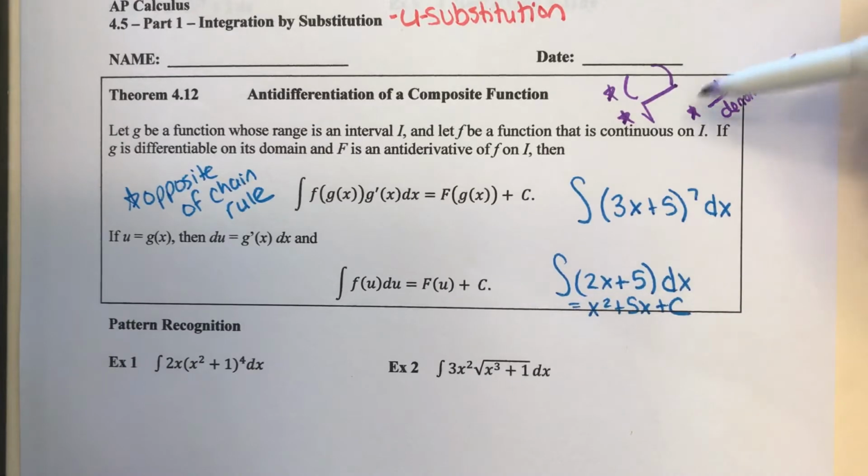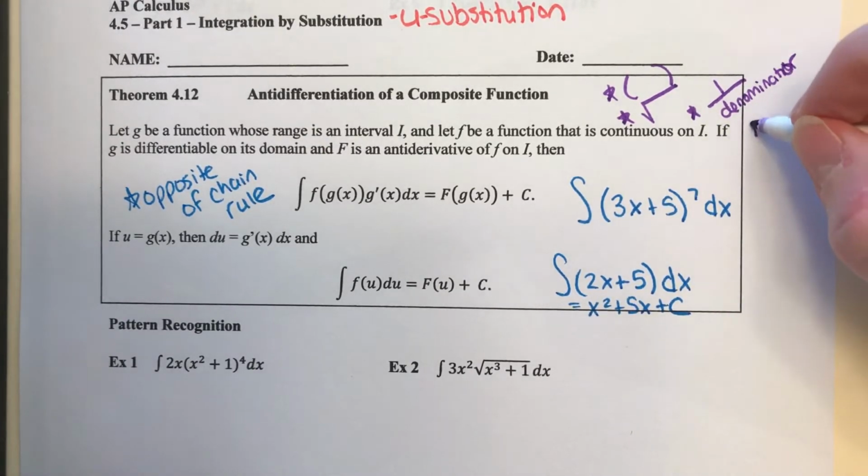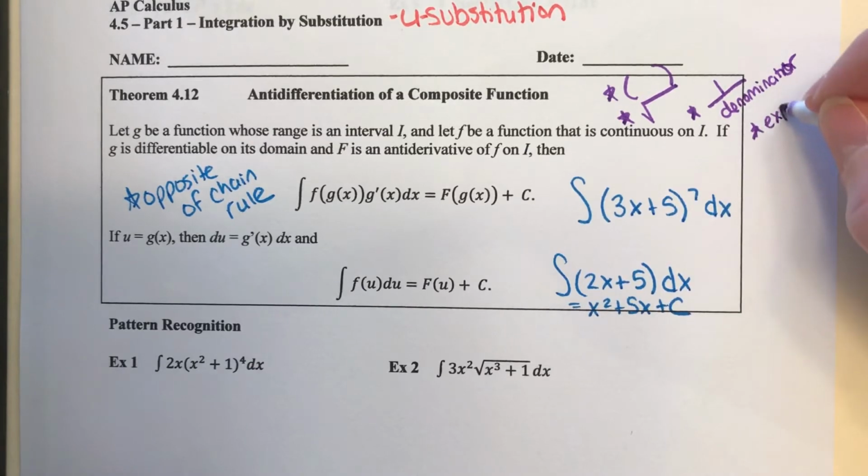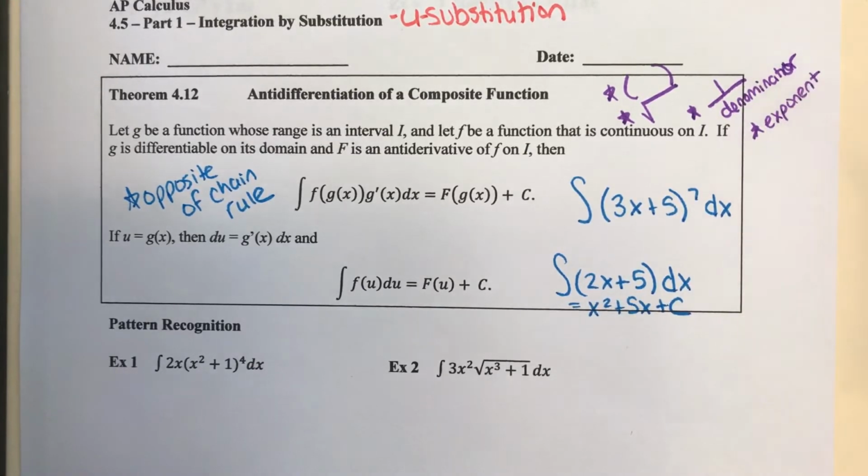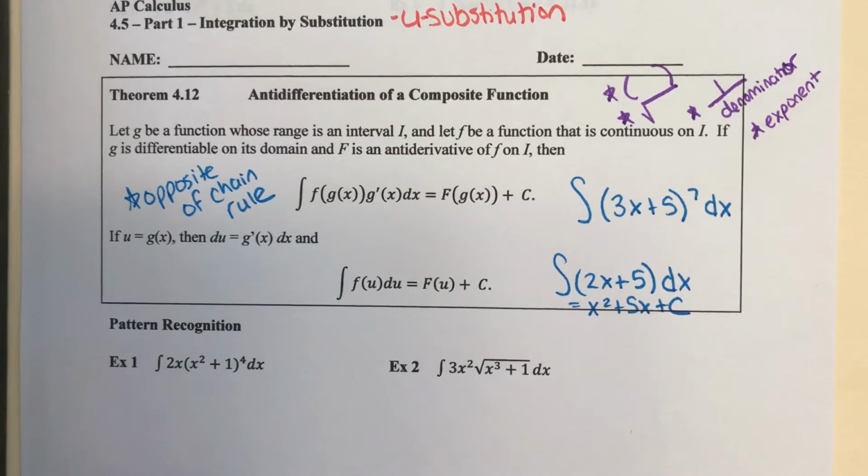So typically those 3 things we want to look for as the inside part. Another example would be an exponent. So you're going to want to make a list so we can reference this. In the next couple of days, you're going to be practicing finding the inside parts.